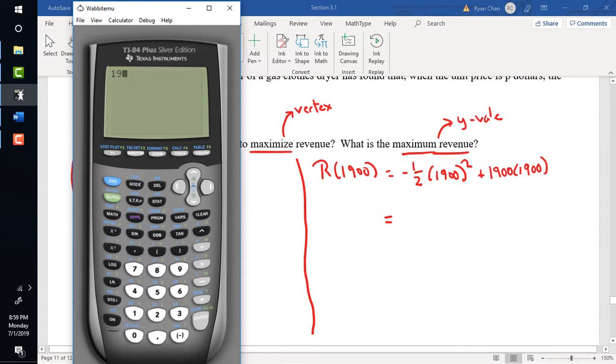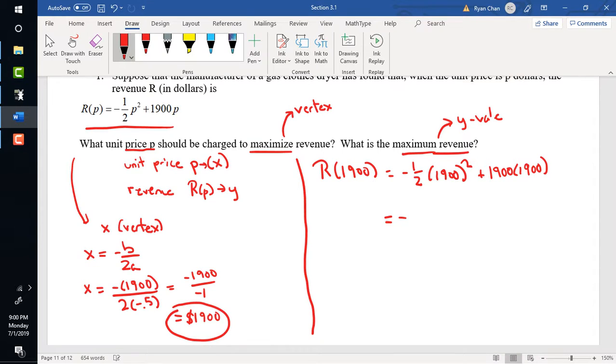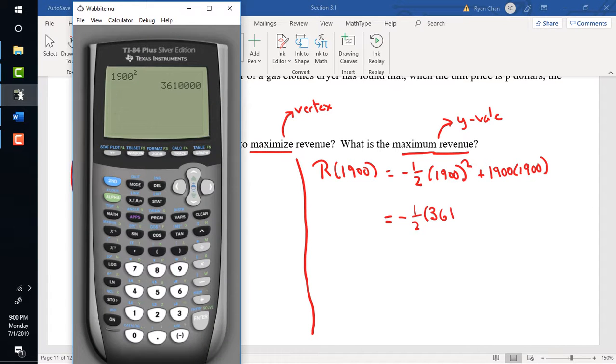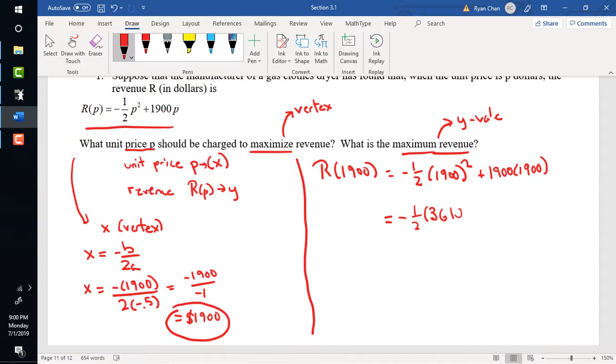Let's see, 1900 squared is 3.61 million.